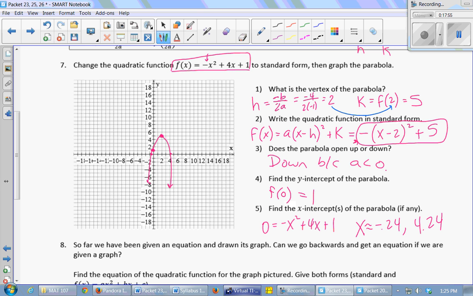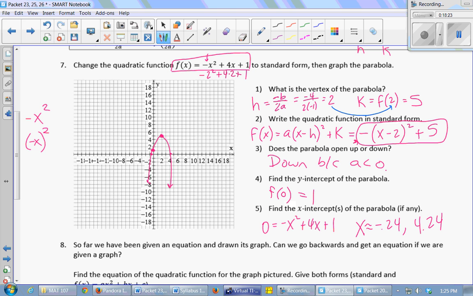Let's see, if I plug a 2 into here, I get negative 2 squared plus 4 times 2 plus 1. 2 squared is 4, but there's a negative in front, so it's negative 4. Negative 4 plus 8 is positive 4 plus 1 is 5. I think you're confusing negative x squared with negative x, quantity, squared.